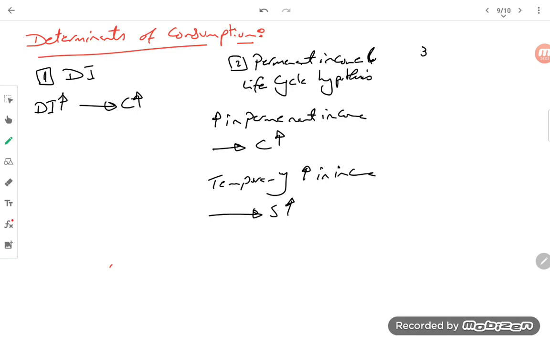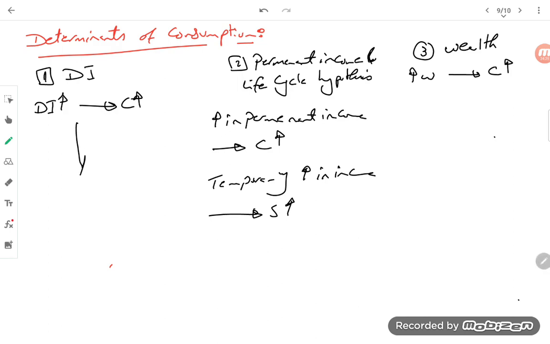Number 3, wealth. People with higher wealth will consume more than people with low or no or little wealth.